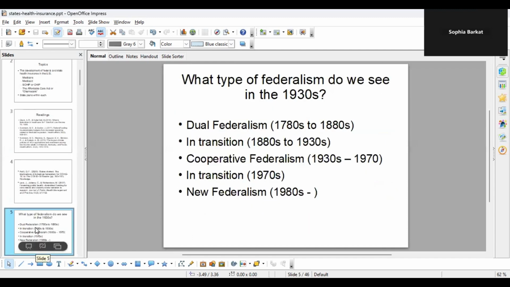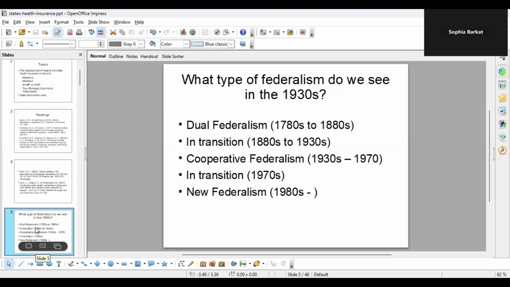So what type of federalism do we see in the 1930s? We know that dual federalism is an era that typically began in the 1780s and ended by the 1880s.